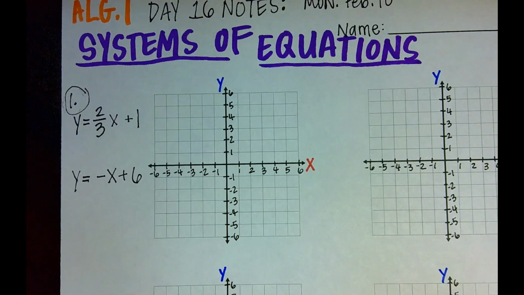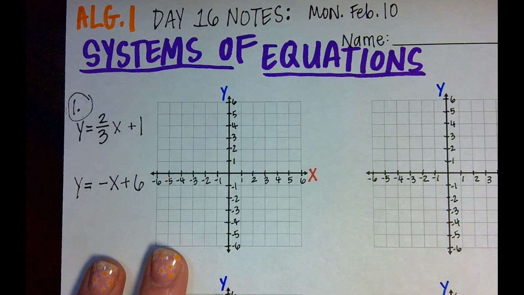Okay. So here are two equations. Y equals 2/3 x plus 1 and y equals negative x plus 6. So going back to what we talked about, whenever we are graphing an equation, we're going to just break it down step by step again and look at one equation at a time.